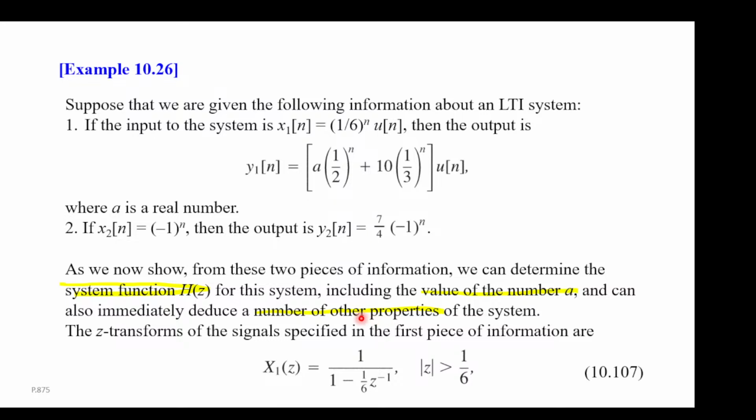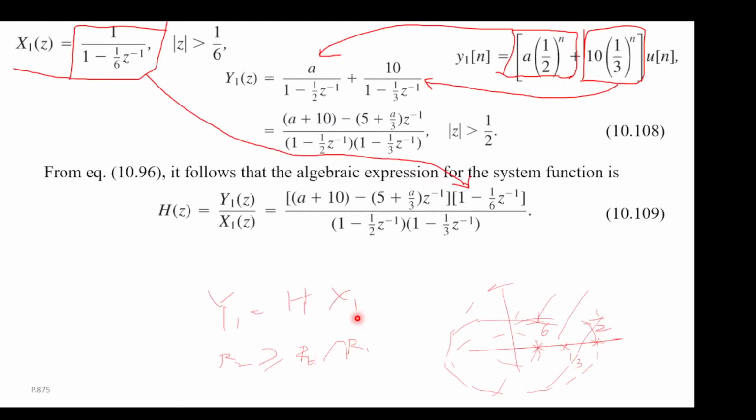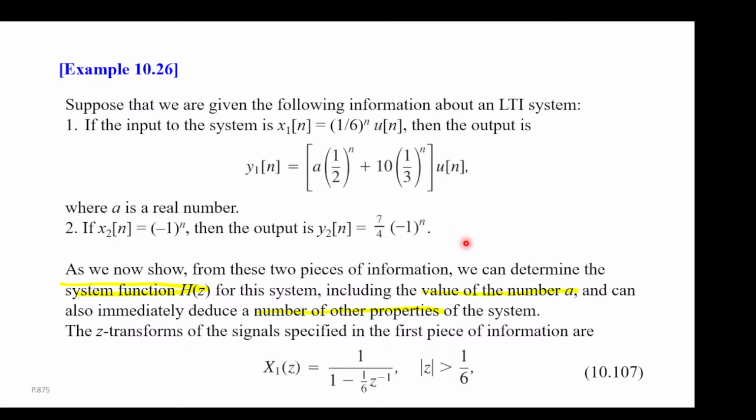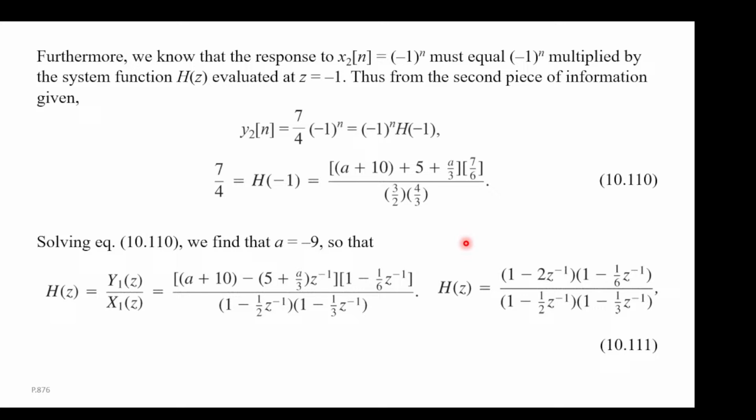That's how we use the first condition. The second condition we use a bit differently. We didn't do the transform. We think about big H being the eigenvalue of eigenfunctions. Let's write this again because we always forget.